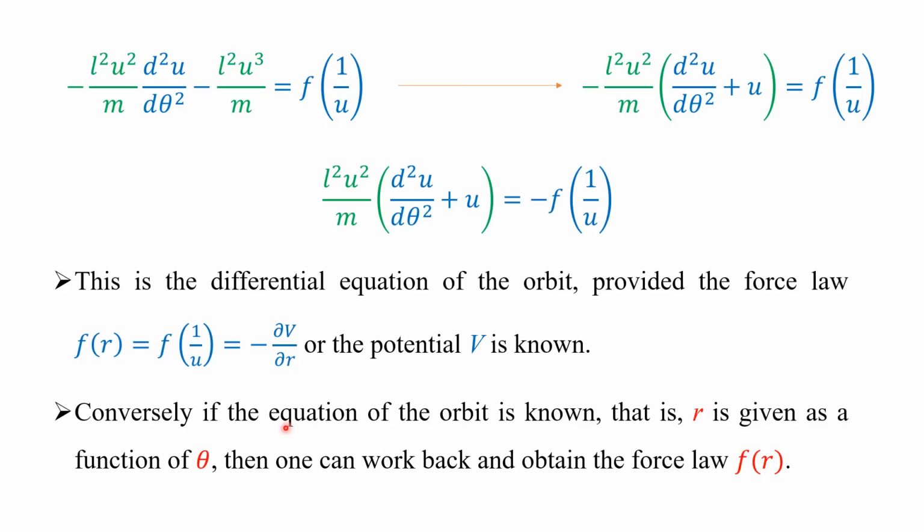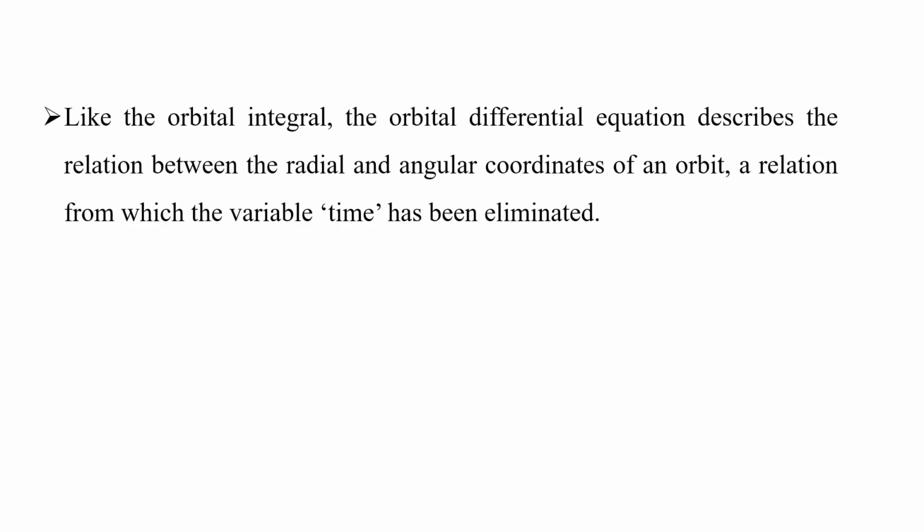Conversely, if the equation of orbit is known, that is, the left-hand side is known, then you can work back and obtain the force law f of r, like the orbital integral which I have given in my previous lecture.